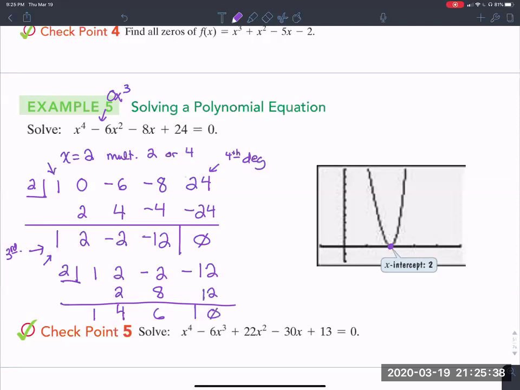So now, look, we got a remainder of 0. So that means the solution x equals 2 is repeated twice.